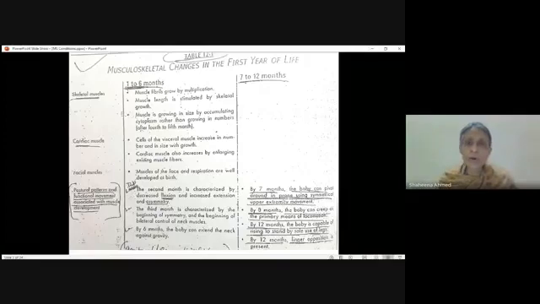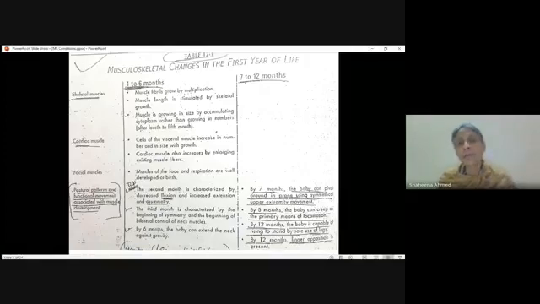Now we move on to the cardiac muscle. Obviously, as the baby grows, as the workload on the body of the baby gradually increases, the cardiac muscle also increases in size. It increases in size by enlarging the myocardial muscle fibers which compose the heart.